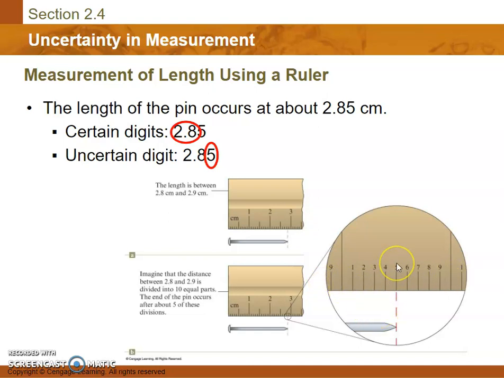And so we are guessing, we are doing our best to predict where that pen is going to meet between the 8 and 9 centimeter mark. So our estimation shows that it's going to be at the 5th millimeter there. So our certain digits are 2.8 because those are the ones that we can actually see, and we are estimating our very last digit.